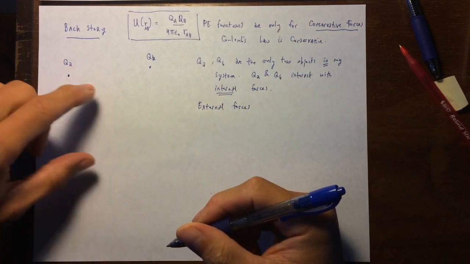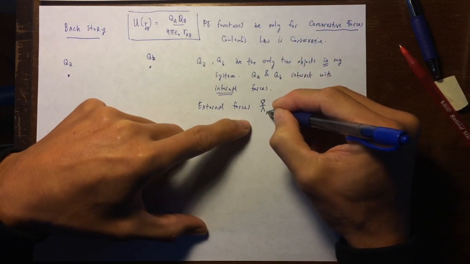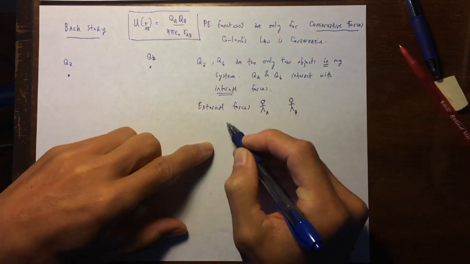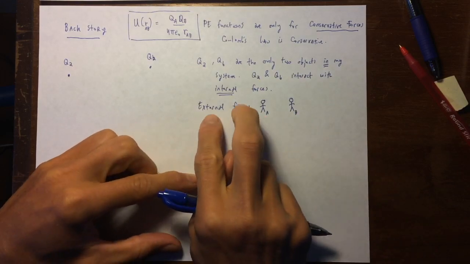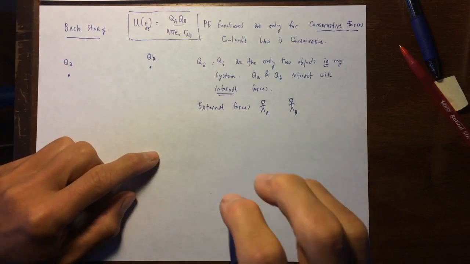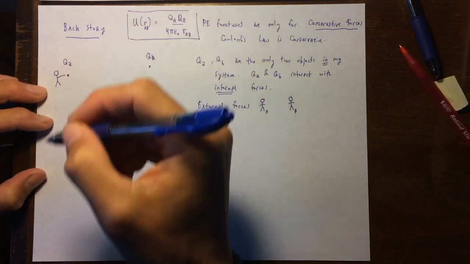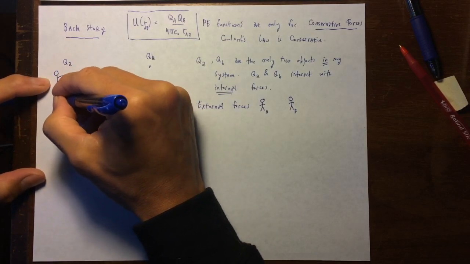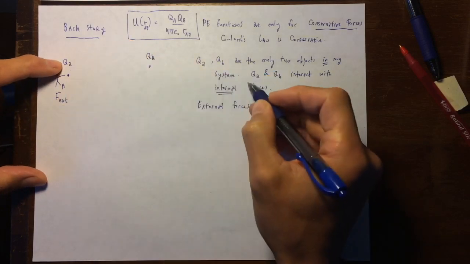I'm going to consider two people, person A and person B. These two people are going to be responsible for doing external things to my system. Person A is going to stand here and exert an external force on a particle within the system.